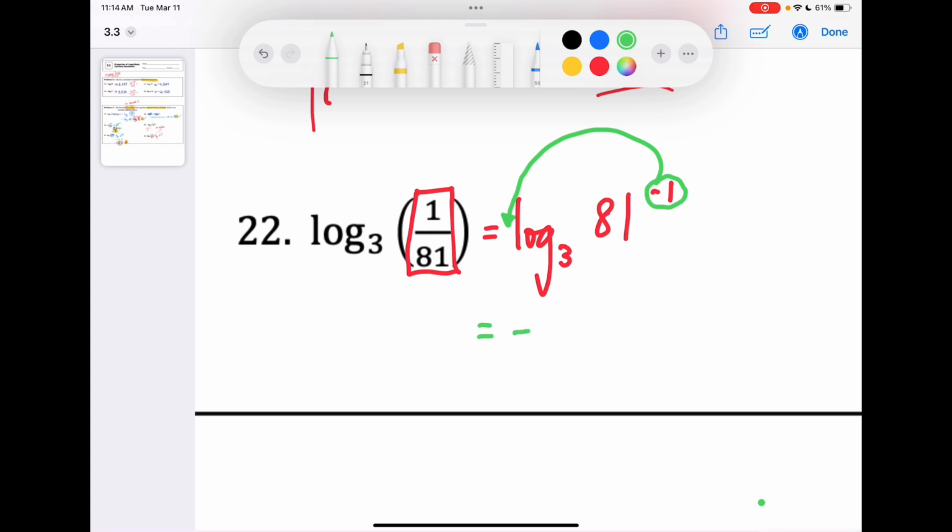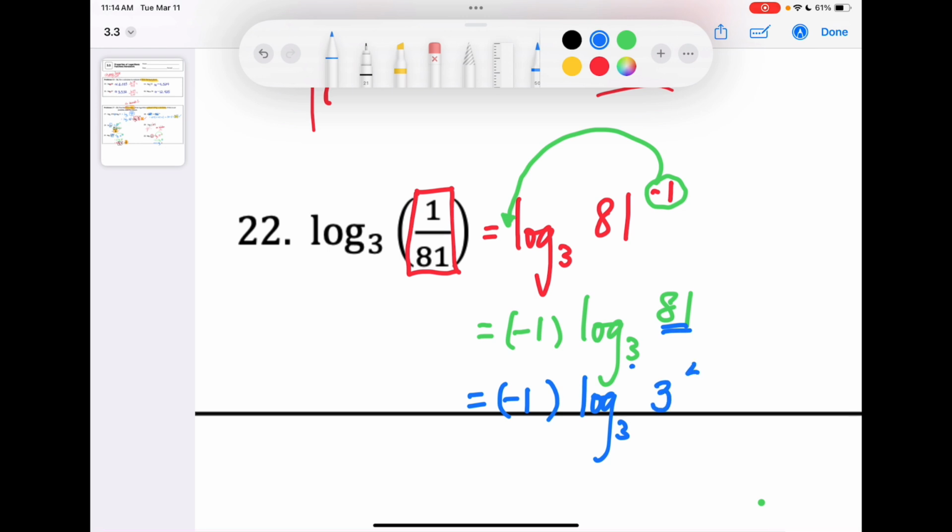So that gives me negative 1 times log base 3 of 81. Hey, I got an inspiration, all about the base. So the 3 is my base, and I can rewrite the 81 as base 3 to a power. So yes, indeed. So now I got negative 1 times log base 3 of 3 to the power 4.